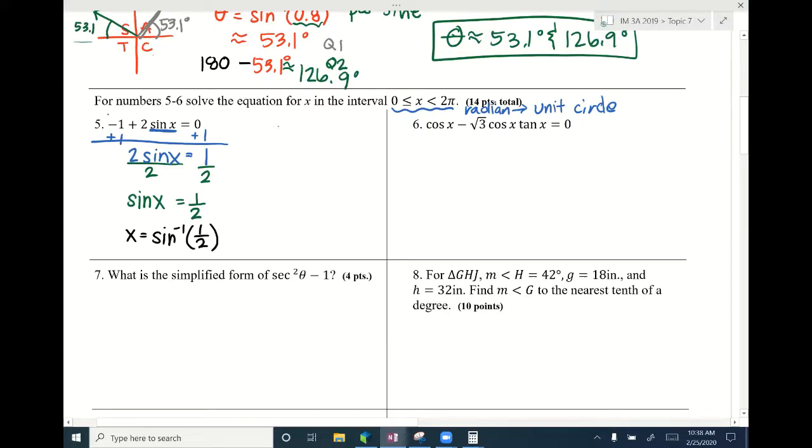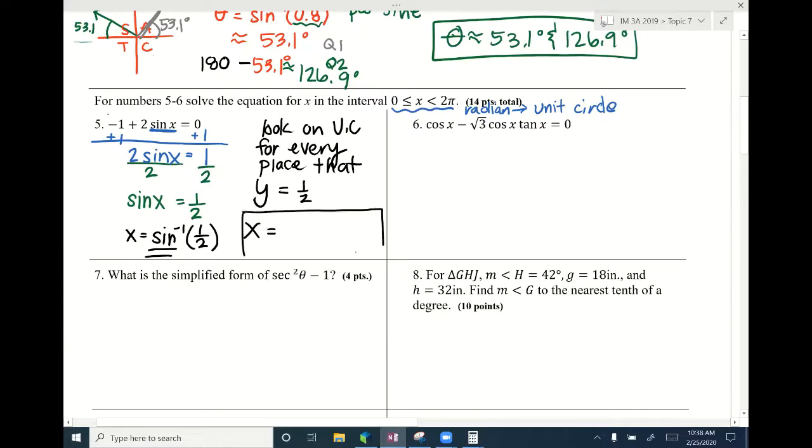So I'm going to look on the unit circle for every place that sine, so y, equals 1/2. So x is going to be equal to every value on the unit circle where the y coordinate is 1/2.